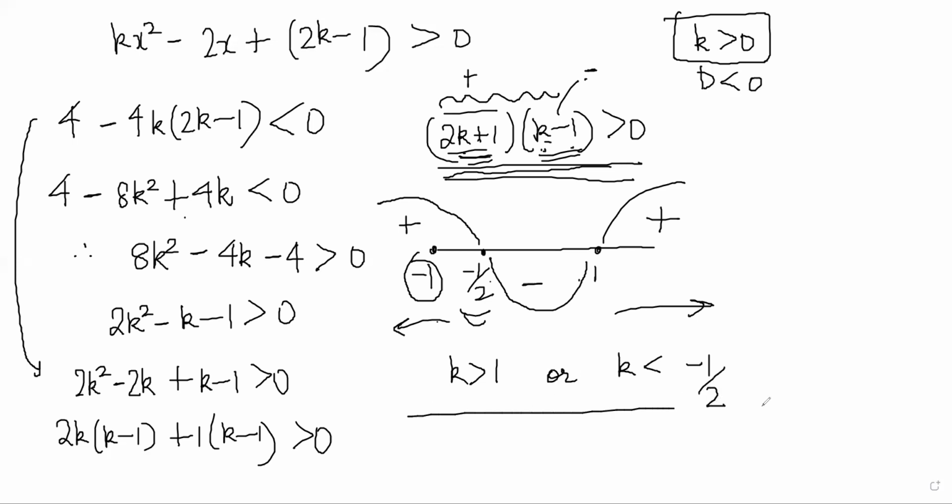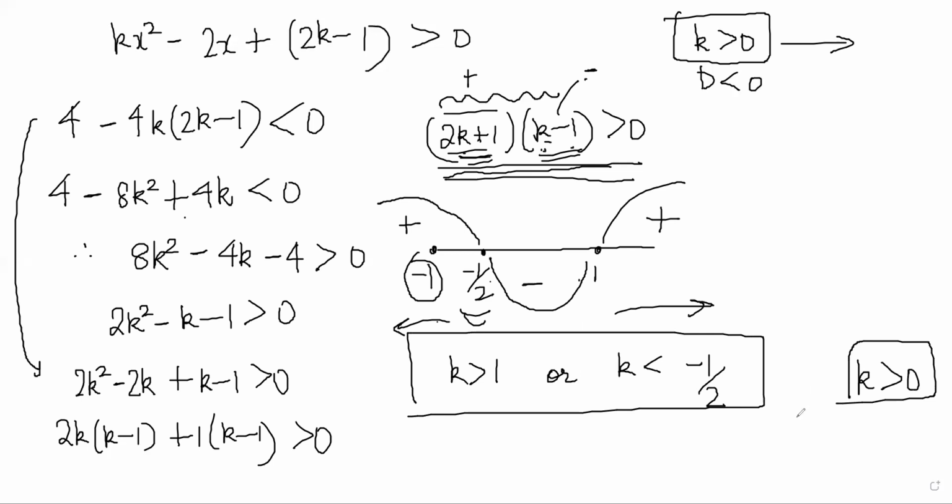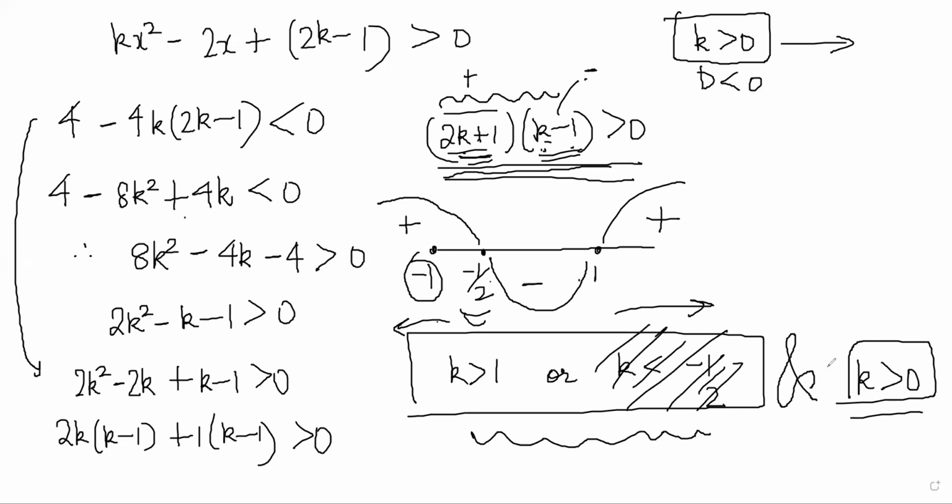However, we already have one condition imposed, that k must be greater than 0. So we have to combine both the conditions. I'm writing an and: this has to be true and this has to be true. So we have to cancel off this case, because both cannot be true together.